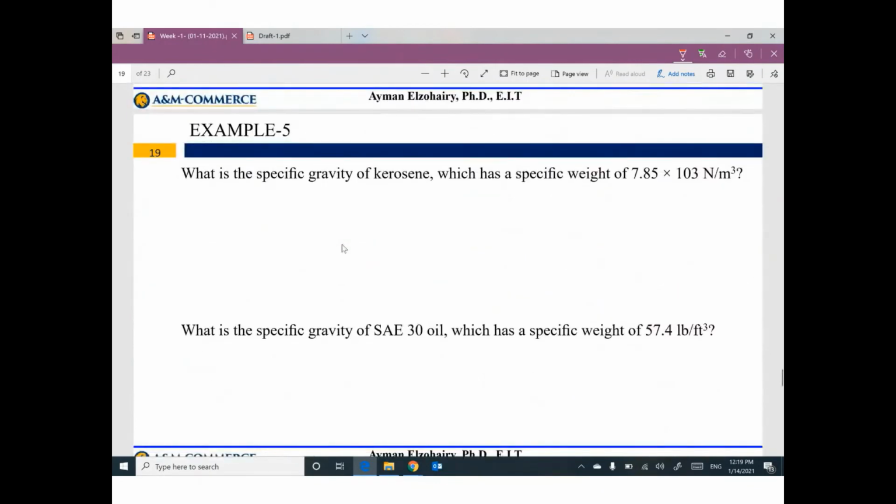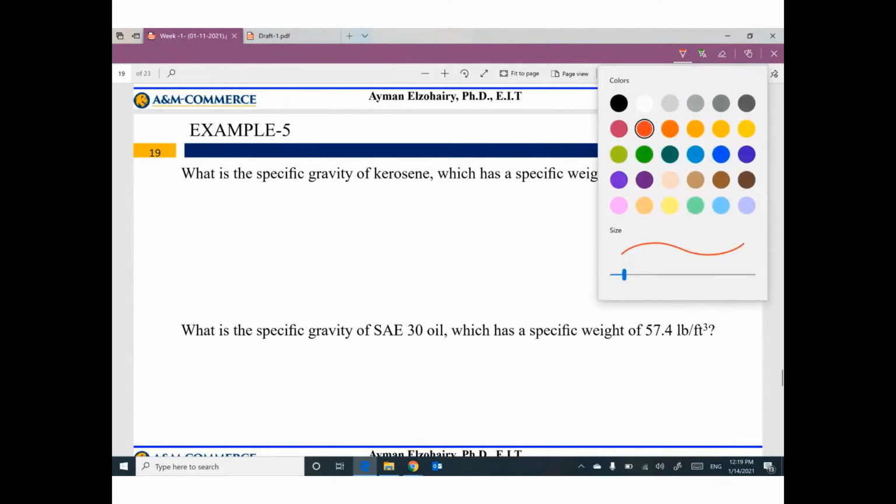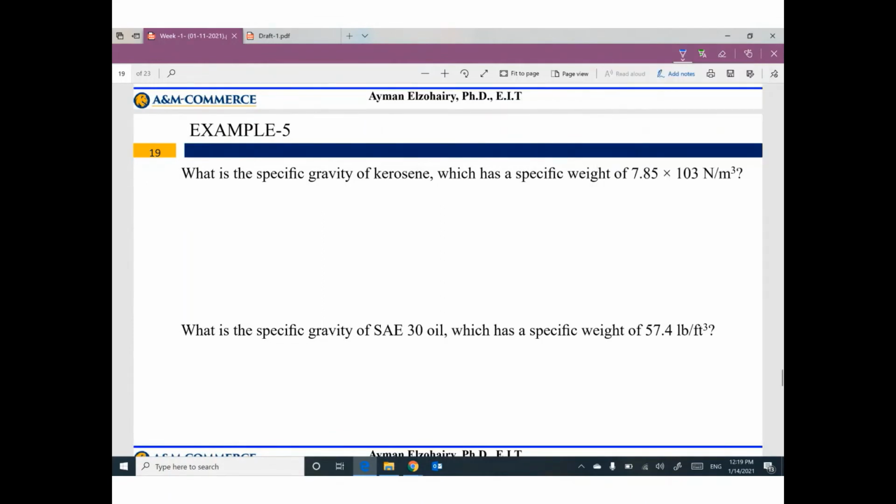Anyway, example number 5. What is the specific gravity? Please make sure you understand these terms carefully. Specific gravity, Sg, of kerosene, which has a specific weight of 7.85 times 10 to the power 3 Newton per cubic meter.